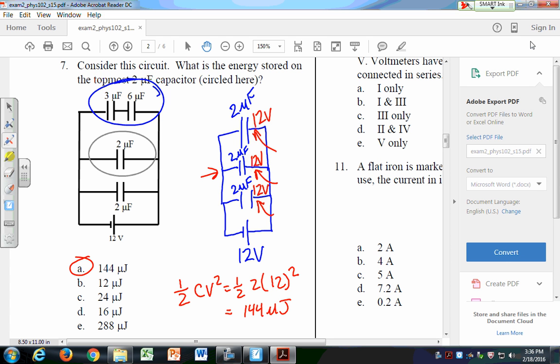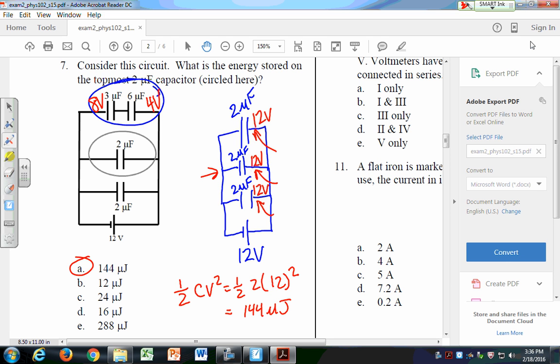That's right. The 3 should have the higher voltage by how much? By what factor? Right. And they should add up equal what? That's right. So what is the 3 microfarad? That's right. Okay?